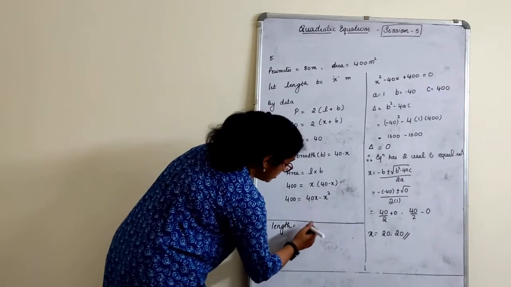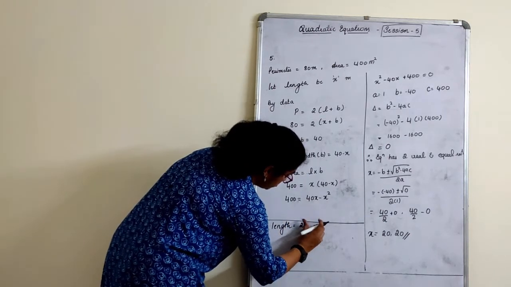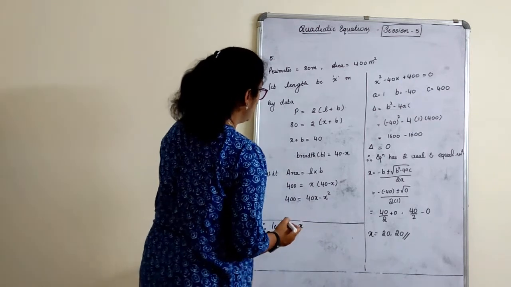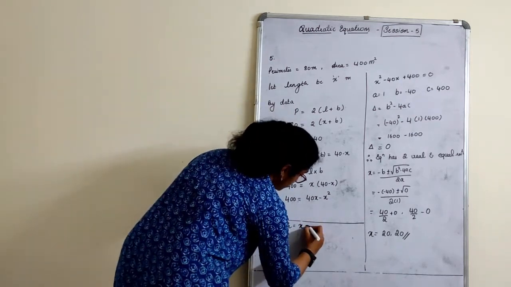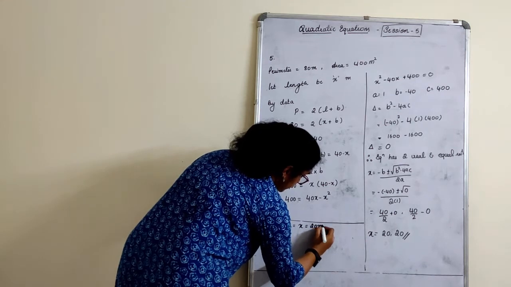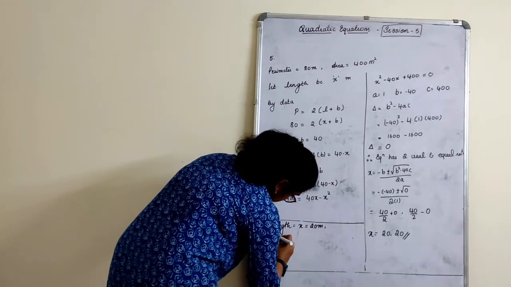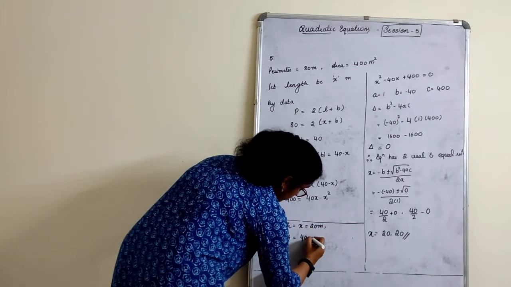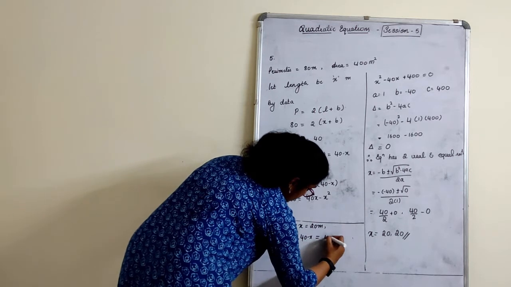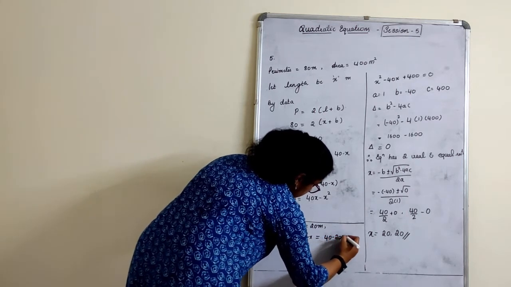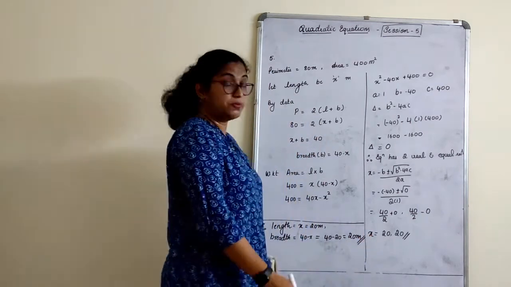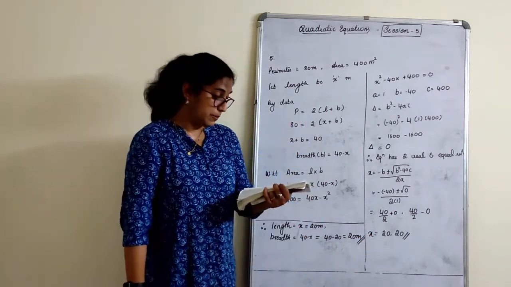So length is equal to x is equal to 20 meter. Breadth is equal to 40 minus x, 40 minus 20, that is equal to 20 meter. This should be your conclusion since it's a verbal sum.